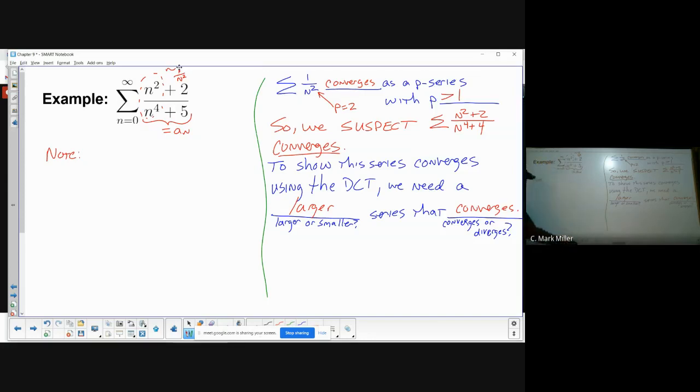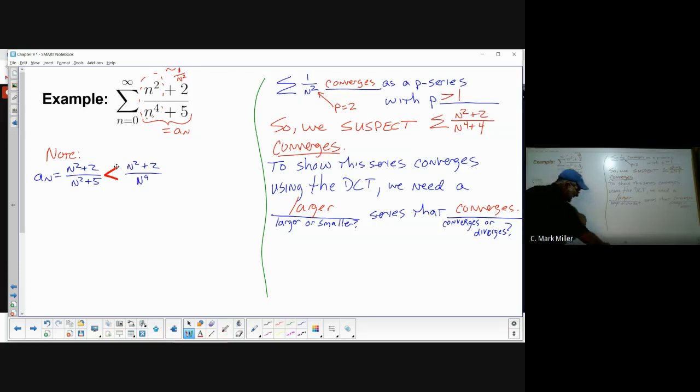Note that n squared plus 2 over n squared plus 5, that's a_n, that is going to be smaller than n squared plus 2 over n squared. I need an n to the 4th here. Got a typo right here. This is n to the 4th.